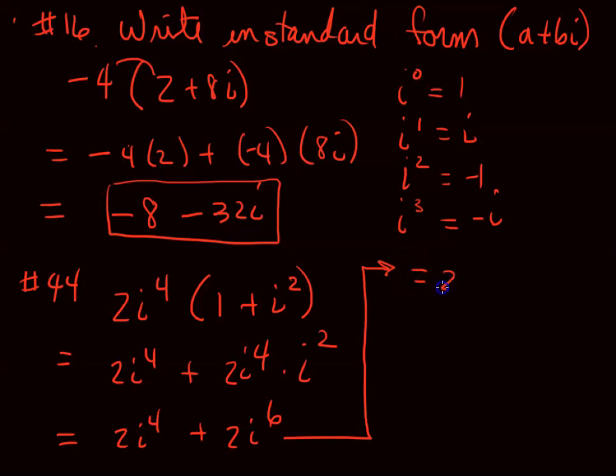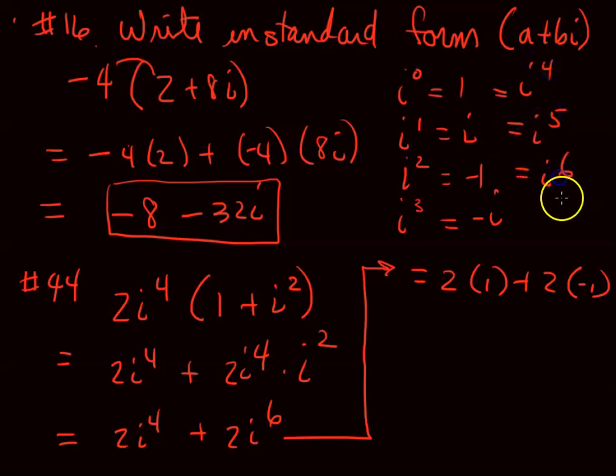So this is 2 times 1 plus 2i to the fourth. Fifth, sixth, i to the sixth is a negative 1. So you might put those down here. i to the fourth, i to the fifth, i to the sixth. And then finally this is 2 minus 2. All that work to get 0.